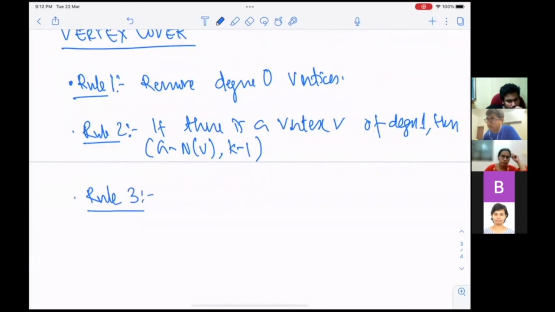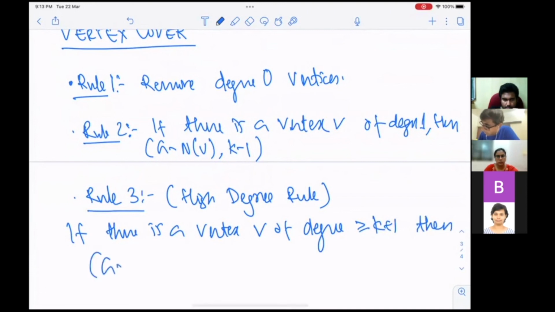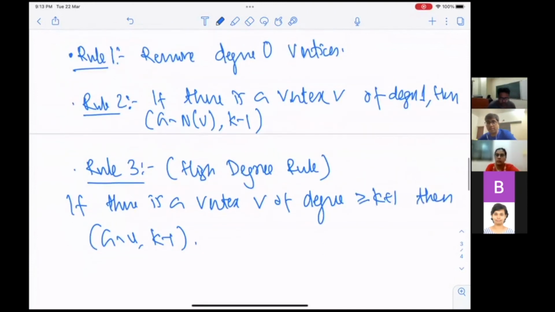And rule 3 was the high degree rule. If there is a vertex V of degree greater than or equal to K plus 1, then we pass to G minus V, K minus 1. Is that all fine?